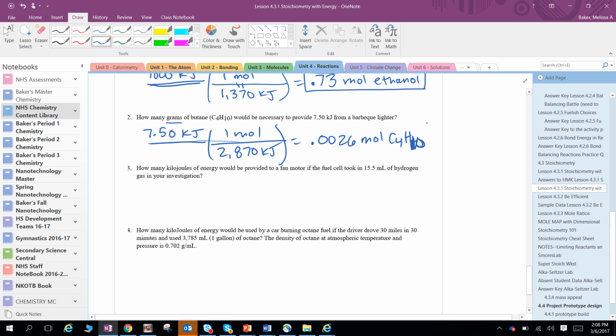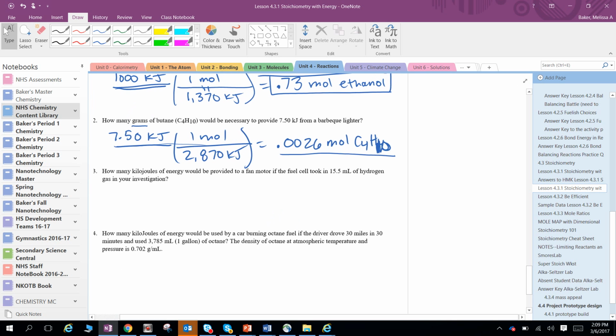Now if we want to know how many grams 0.0026 moles of C4H10 would weigh, we've got to multiply by the molar mass. So 1 mole of C4H10 is equal to, we've got to go to the periodic table to add this up.